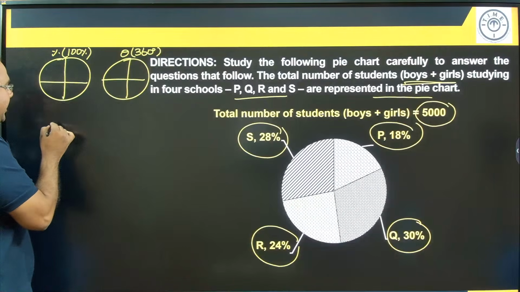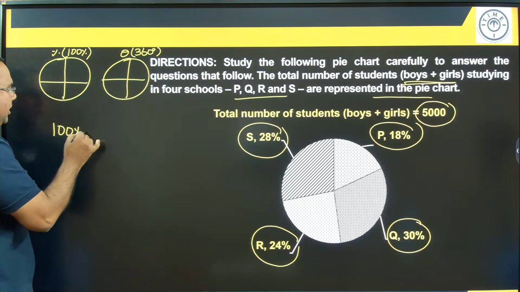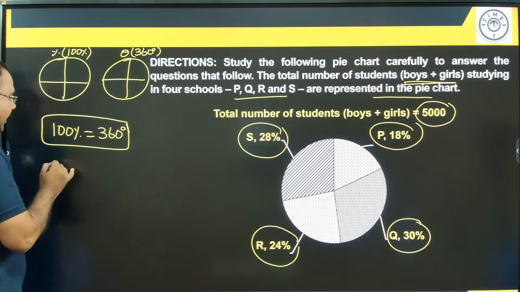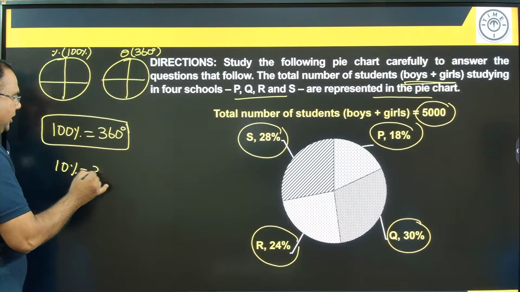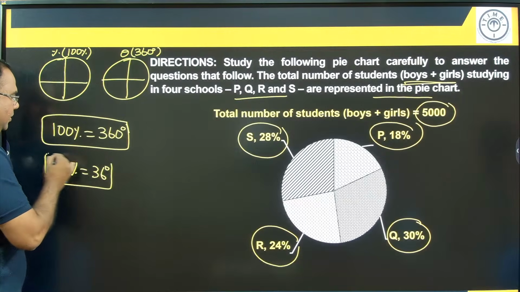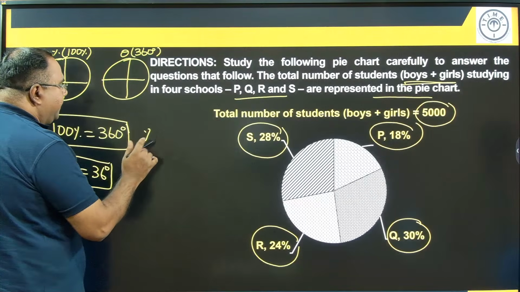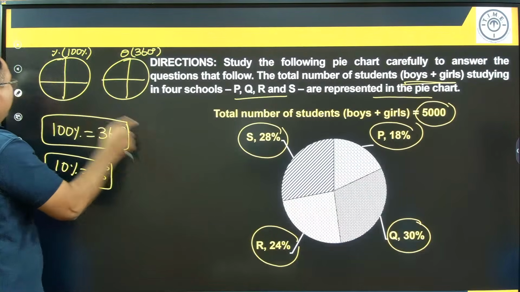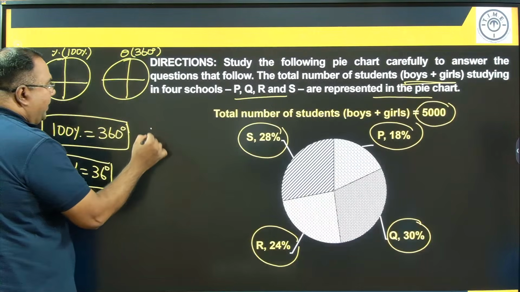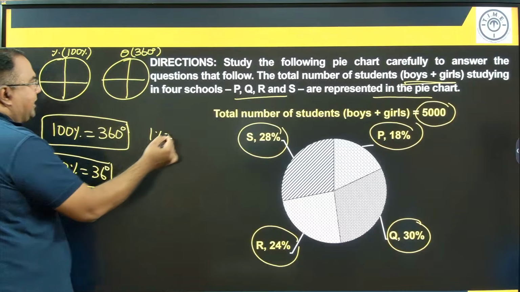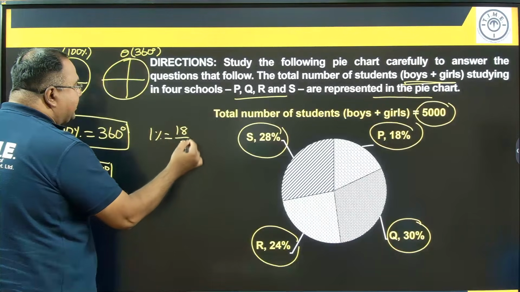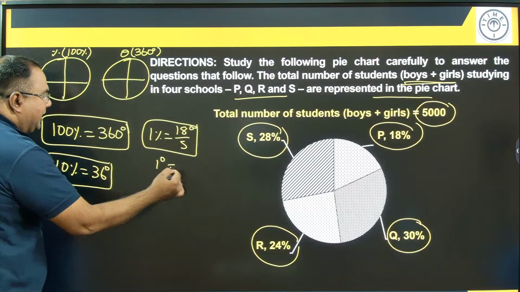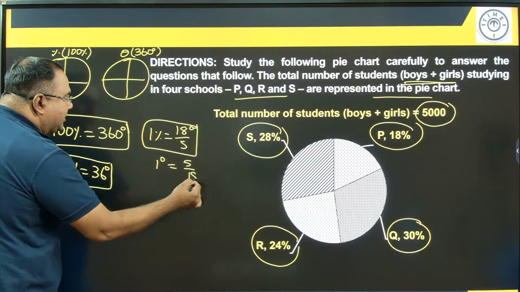That means 100% is equal to 360 degrees. 10% is 36 degrees. How much is 1%? 1% is 3.6, or 18 by 5 degrees. These are conversion factors. How much is 1 degree? 5 by 18 percent.